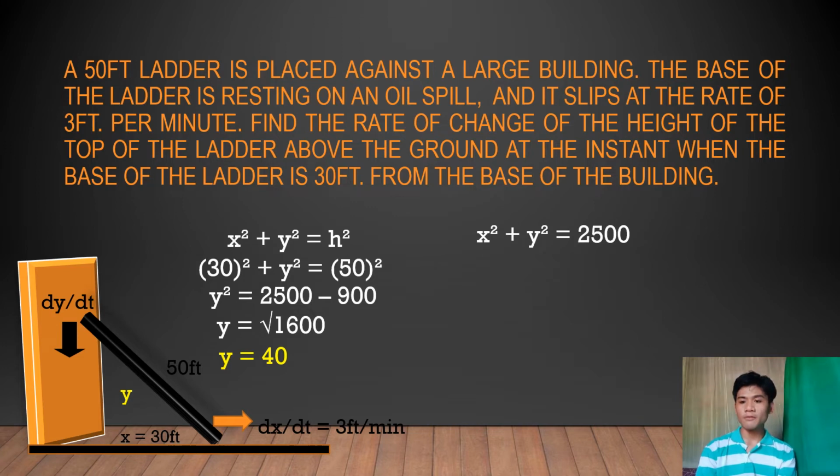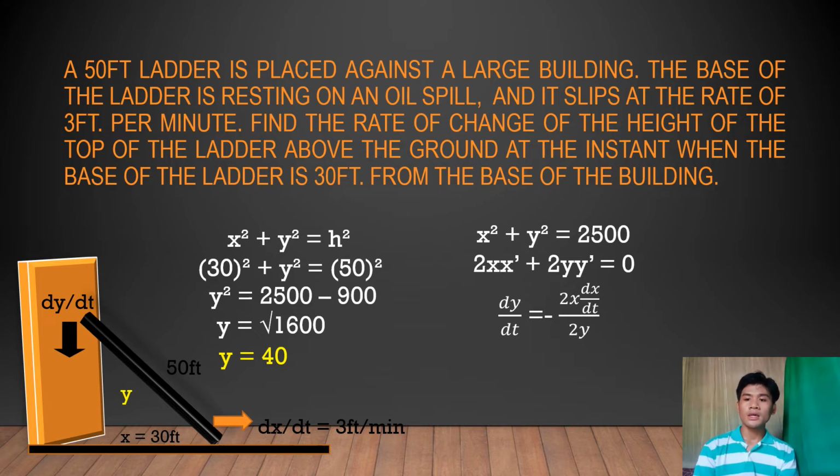So with the same formula, we have x squared plus y squared is equal to 2,500, our hypotenuse, and do differentiation. So we come up with 2x x prime plus 2y y prime is equal to 0, since 2,500 is a constant, and the derivative of any constant is equal to 0.